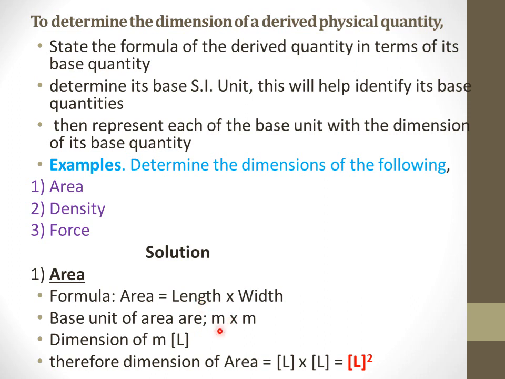The unit of length is m, the unit of width is m, and the dimension of meter is L, which is the dimension of the physical quantity. We use the dimension of the physical quantity as the dimension of the SI unit. So we substitute [L] in the place of m, and [L] again in the place of m. So we will have L times L, which gives us L squared.